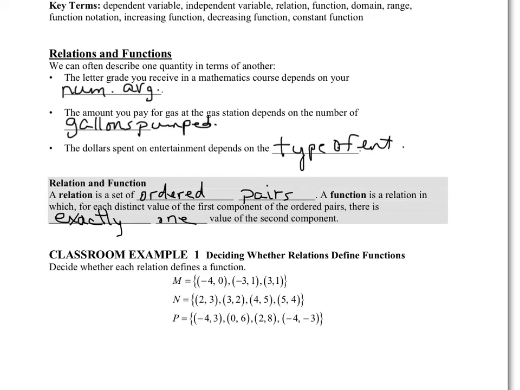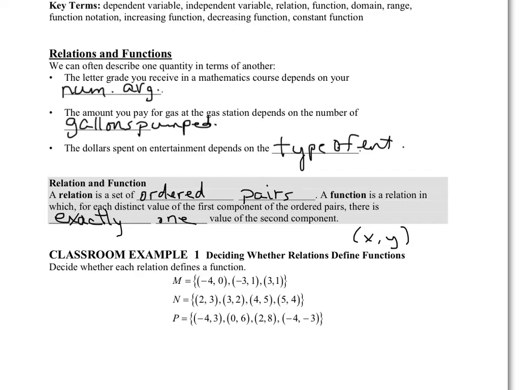When we think of ordered pairs, remember that the x comes first, the y is second. So what this is saying is if we're looking at ordered pairs, we look at each x value in the ordered pairs. If all of the x's are different, we're going to have a function.